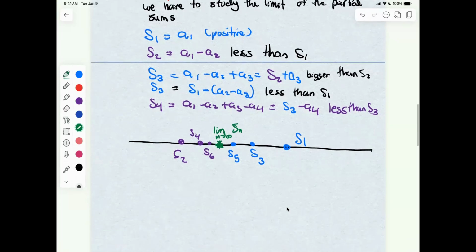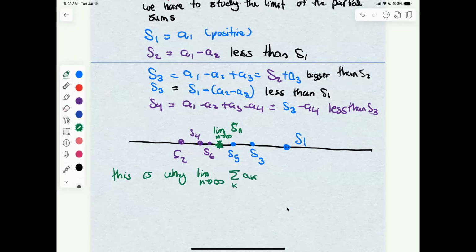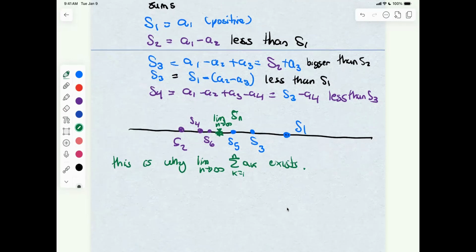So that is why the limit exists. So this is why. Makes sense, kind of.